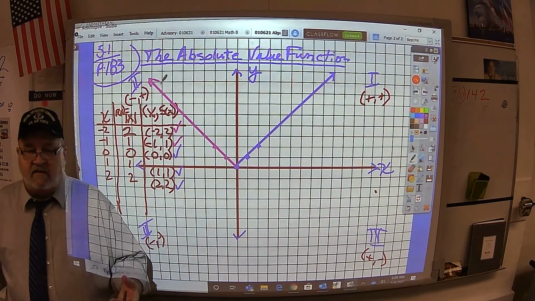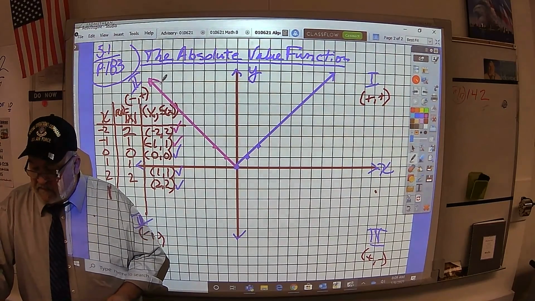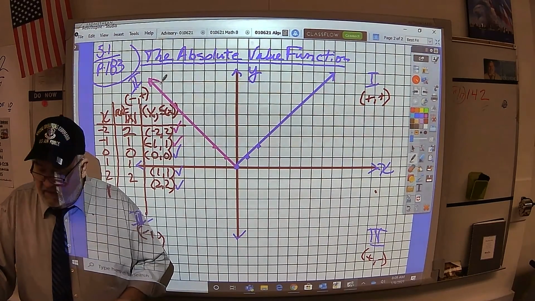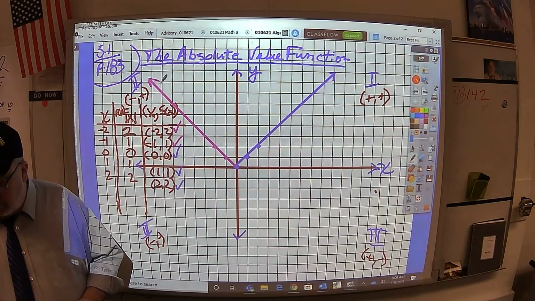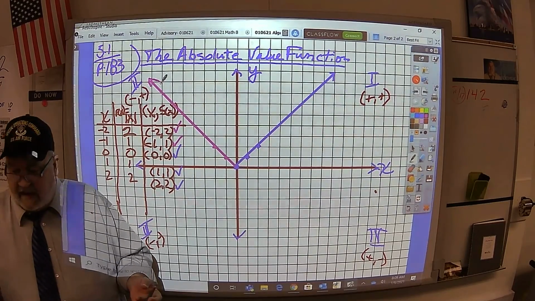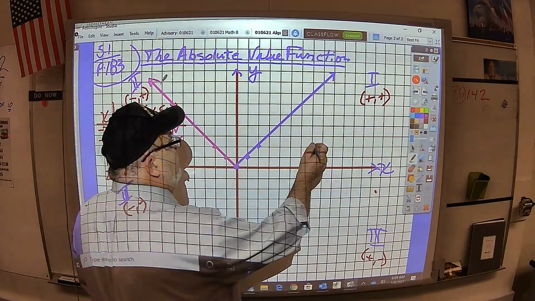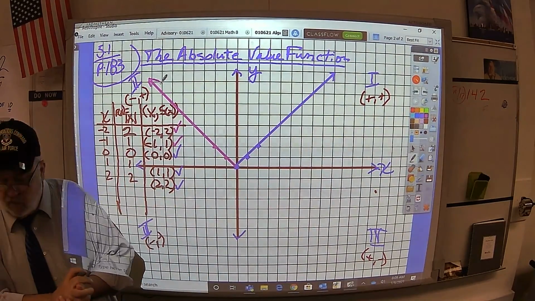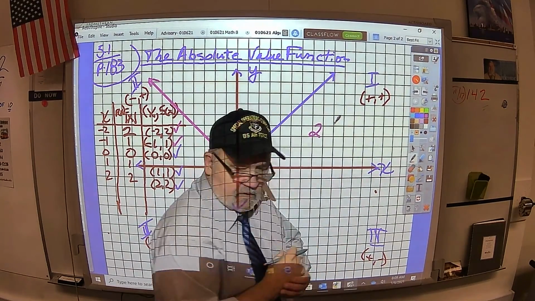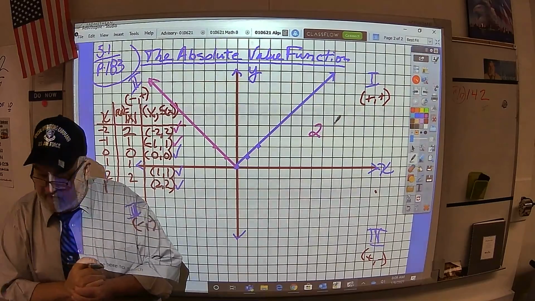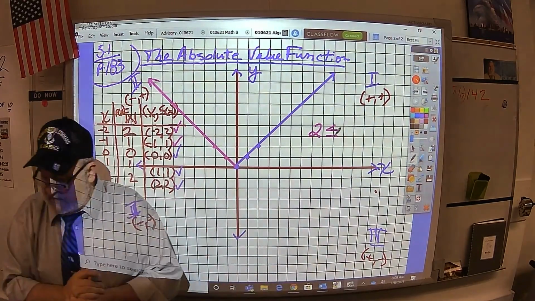Now, as we go on in the example on 5.1, they're going to ask us to do different things with it. One of the things they're going to ask us to do is in example 4, which is determining the rate of change. So our graph for the rate of change here, let's say I wanted to go from 2, and I want to say it's less than or equal to.